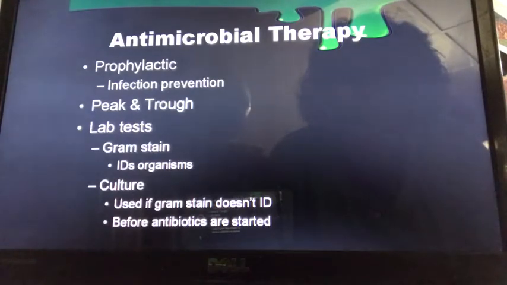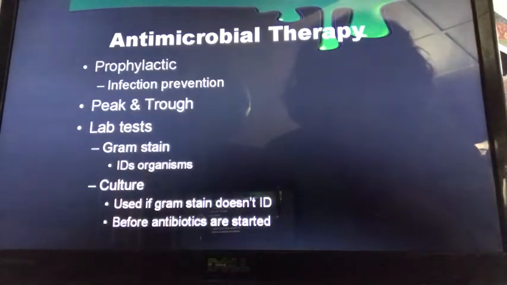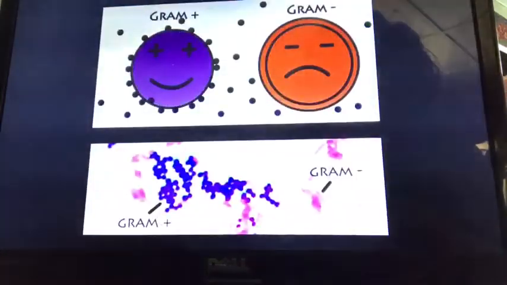A gram stain identifies organisms that we want to treat. The culture is used if the gram stain doesn't identify the microorganism, and we have to get the gram stains and cultures before antibiotics are started or it won't be accurate.